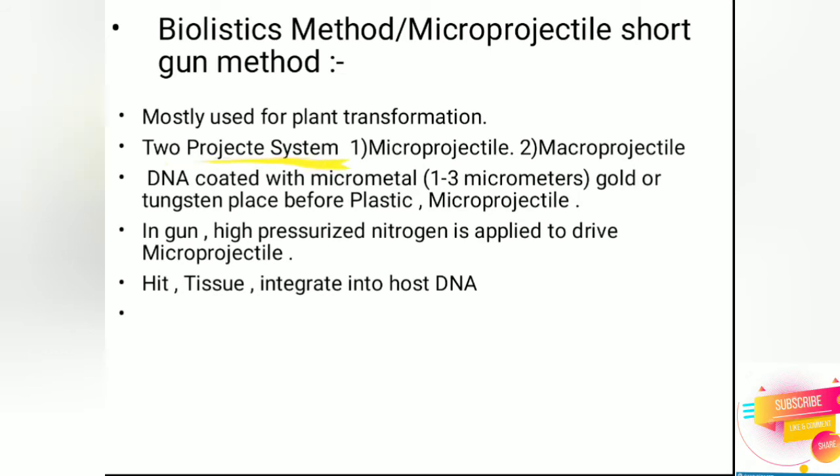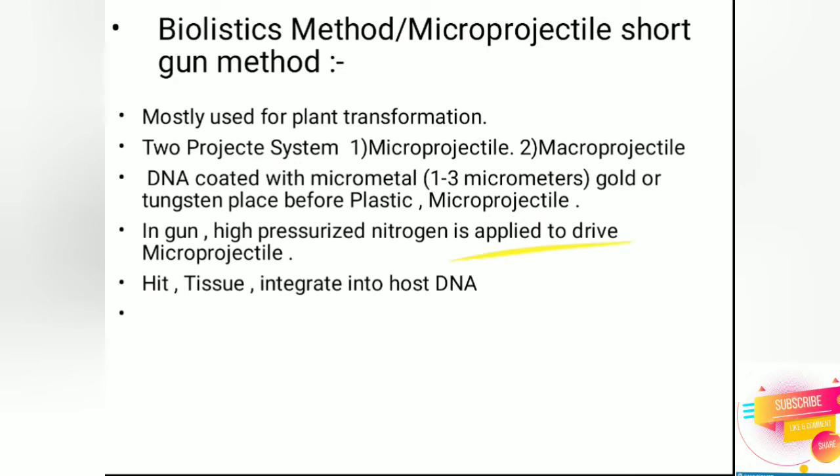Two projectile systems are used, micro projectile and macro projectile, depending on the size of the DNA. The gun uses highly pressurized nitrogen to drive the micro projectile, nothing but our DNA. With the help of high nitrogen pressure, our desired DNA is introduced into the tissue and integrated into the host DNA. You can see it on the screen.